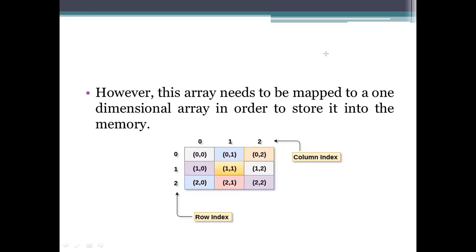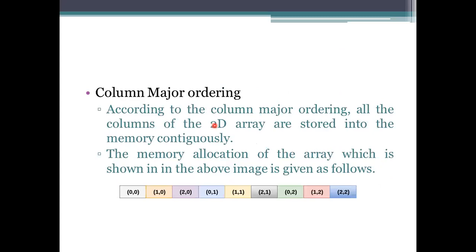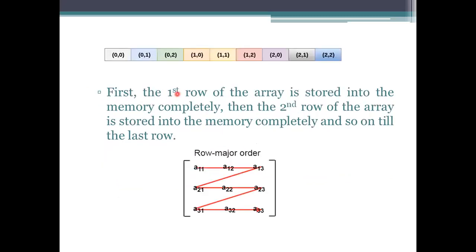Whereas in the column based, where in the row major ordering we take rows, here we are taking the columns. Columns will be stored first. In the first column, you need to see the left side element 0, 0 and then 0, 1, 1, 1 here, and then 2 and then 2 and then 2. Means you should see whether the elements placed are in row major order or not by seeing the pair.